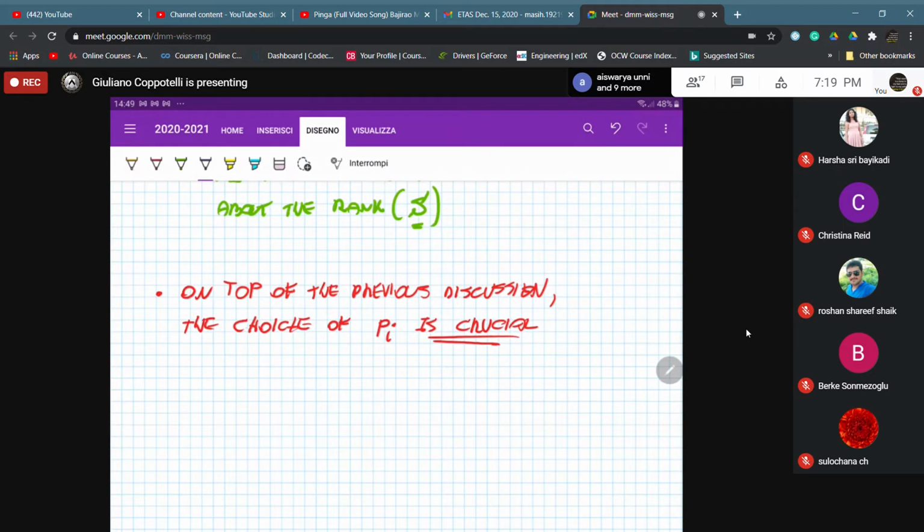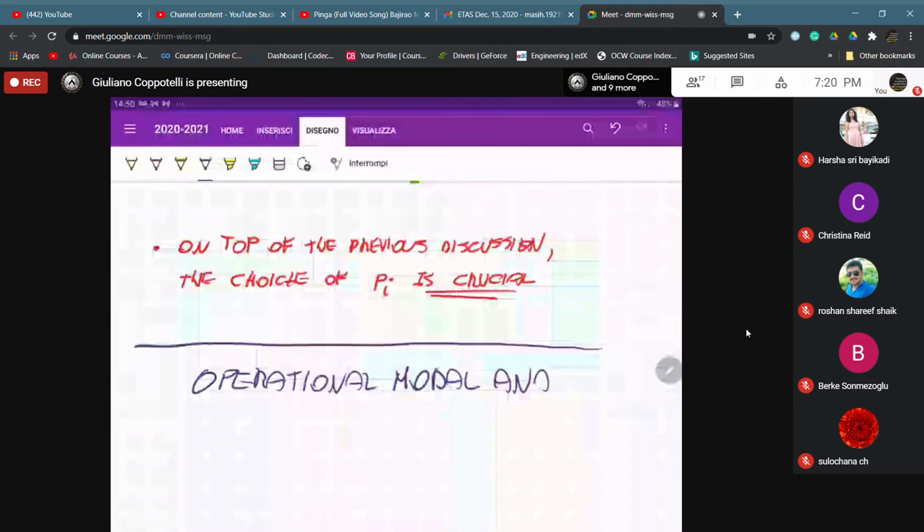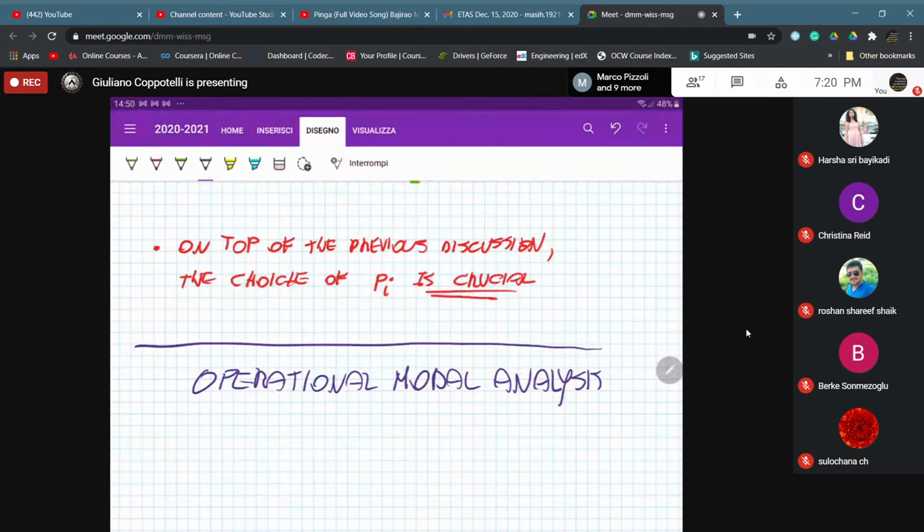Okay, now let's change the topic and let's consider an innovative approach that has been in the scientific literature for, let's say, no more than 2 decades now, and that is the operational modal analysis, generally referred to as OMA.